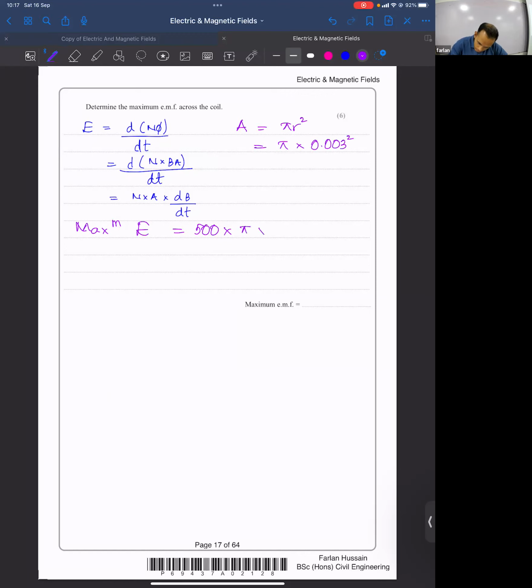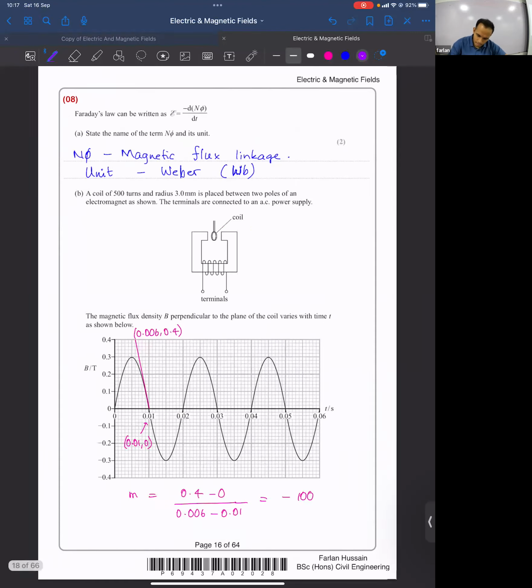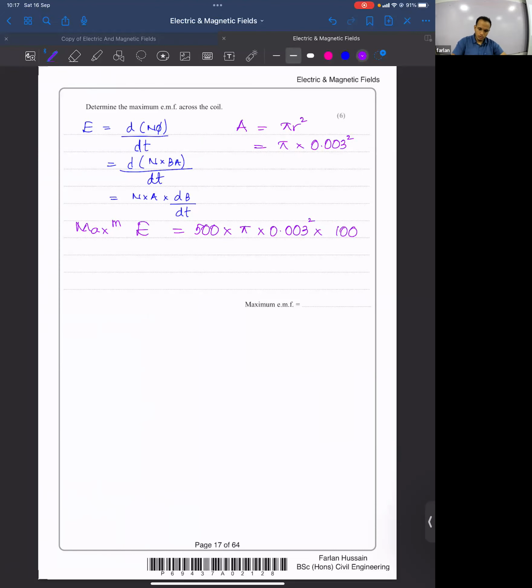Pi into 0.003 squared into dB by dt, the magnitude is 100, the maximum. So here is my answer, 500 into pi into 0.003 squared into 100, which is 1.41 volts. Okay.